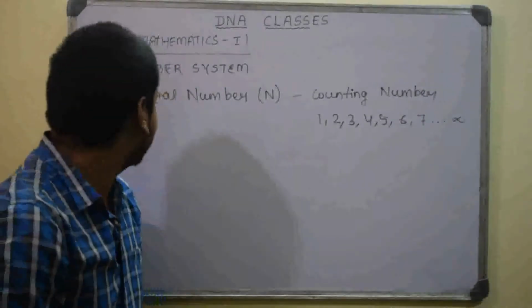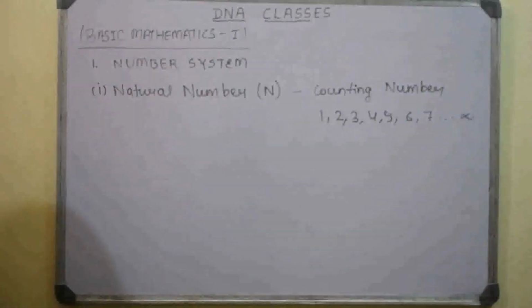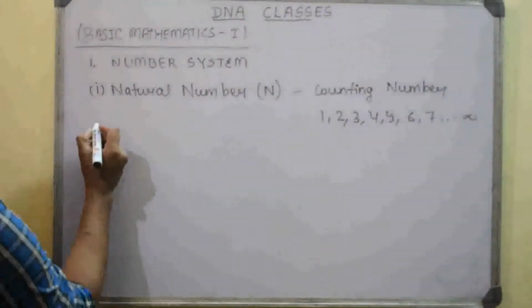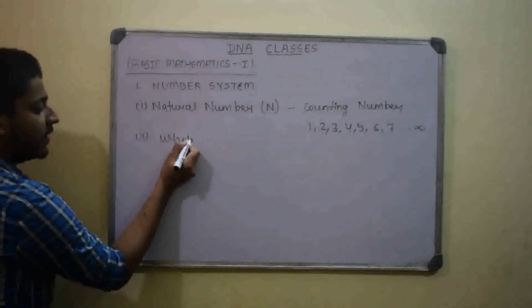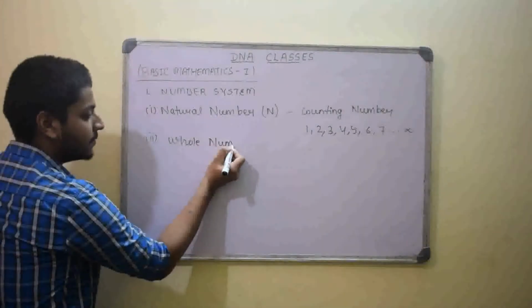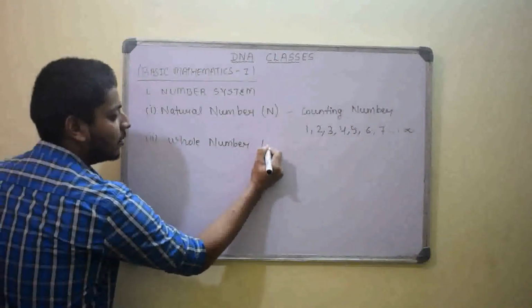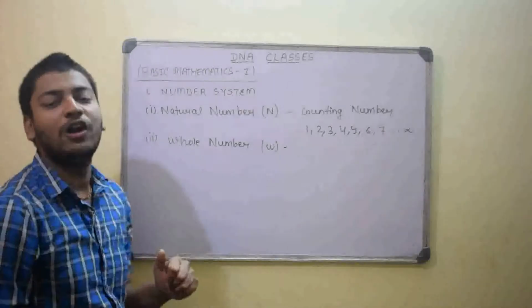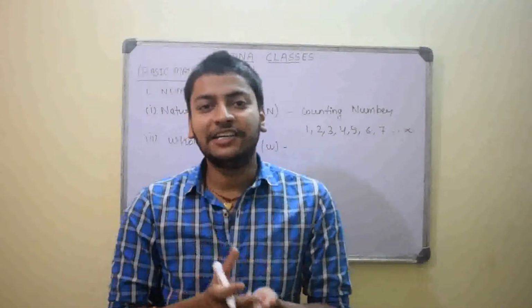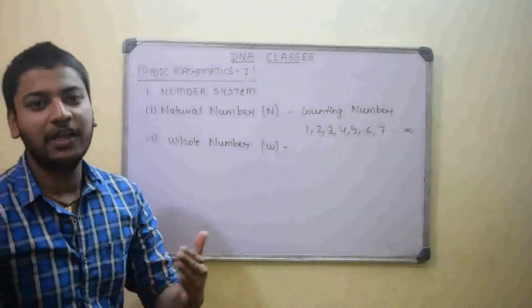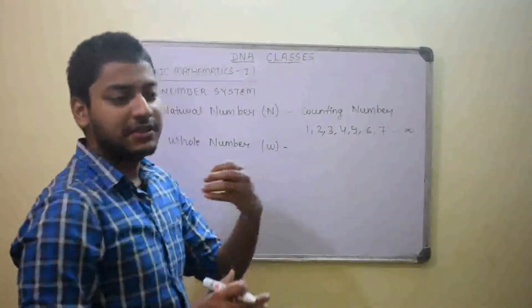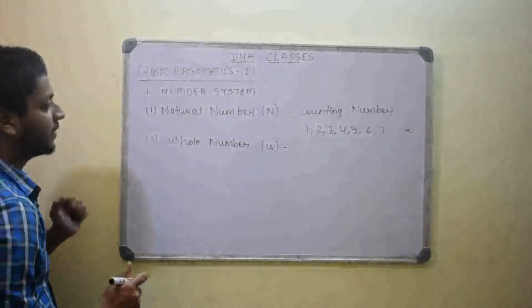Second part in number system is whole number. What is whole number? Whole number is denoted by W. It starts with 0, 1, 2, 3, means all counting numbers including 0 is called a whole number.